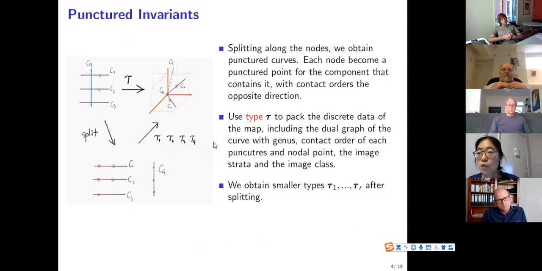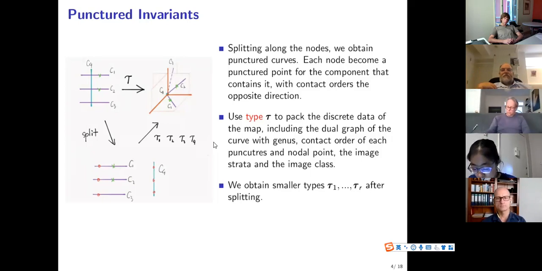That's where the punctured points come from: if we split a node, then after we split all three of the nodes, we get four components of the curve, and each node we split becomes two punctures, one for each of the components that it connects. After splitting, we get four separate curves, and two of them have one marked point, one has one punctured point, and the C4 over here has three punctured points.